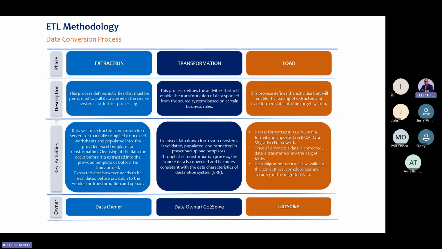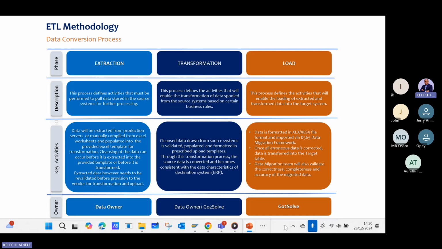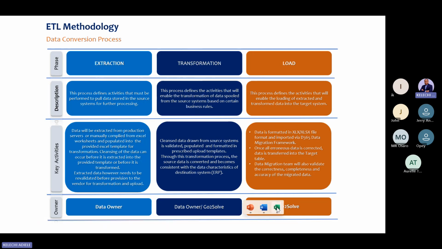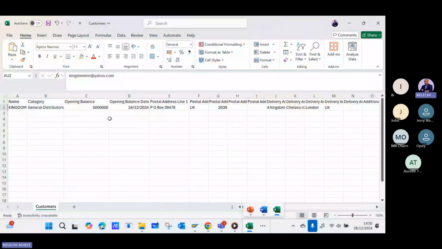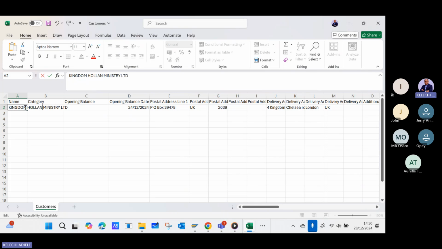Sometimes there are requirements that the data file will need. If you put a double space before a name, so what do I mean? If you're to upload data and you put a space, for example, this is general distributors. Let's say this is the business name, Kingdom.